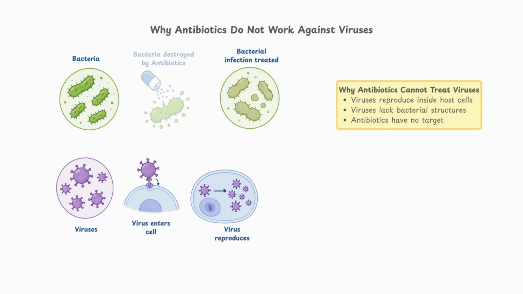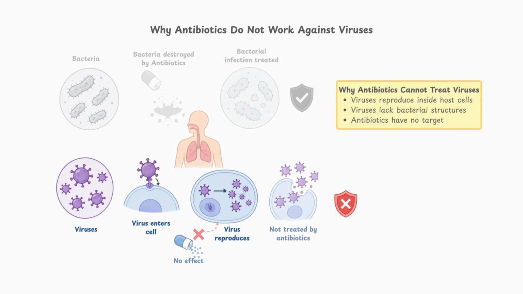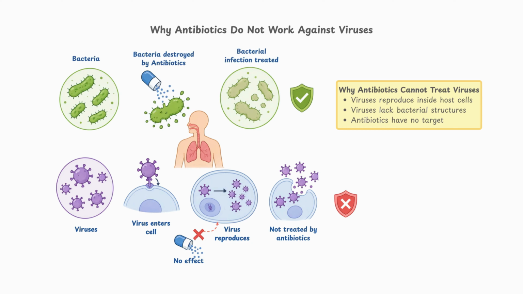Bacteria can be targeted and destroyed by antibiotics because they contain structures such as cell walls and protein-making machinery. Viruses do not have these structures. Since antibiotics have no target to attack, they have no effect on viral infections. Because viruses reproduce inside our own cells, destroying them without damaging healthy body tissues is much more difficult. This is why antibiotics cannot treat viral illnesses such as common cold, flu, and COVID-19.